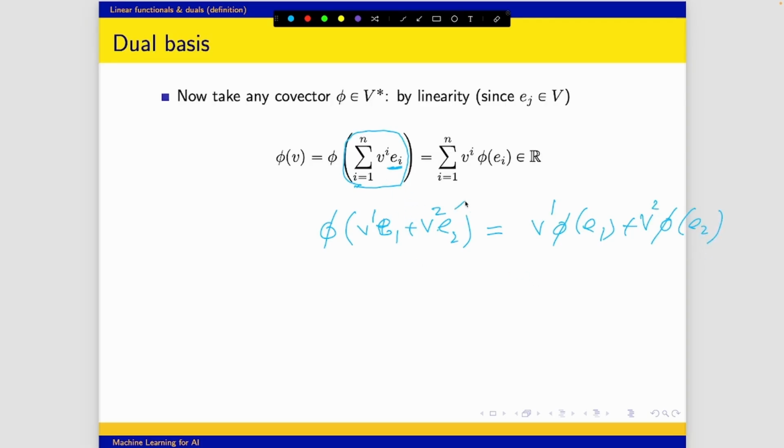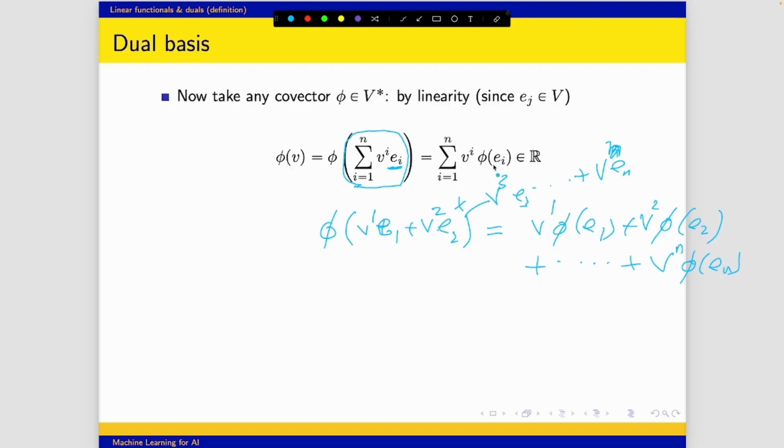And we have n of these, so plus V3 E3, and so on and so forth up to plus Vn En. So we just carry on with this all the way up to plus Vn phi acting on En. So that's how we get this thing here. The properties of linearity of these covectors, they have to be linear.